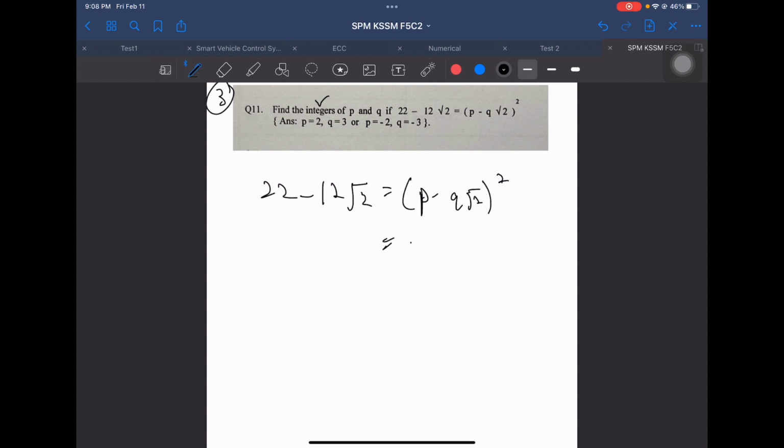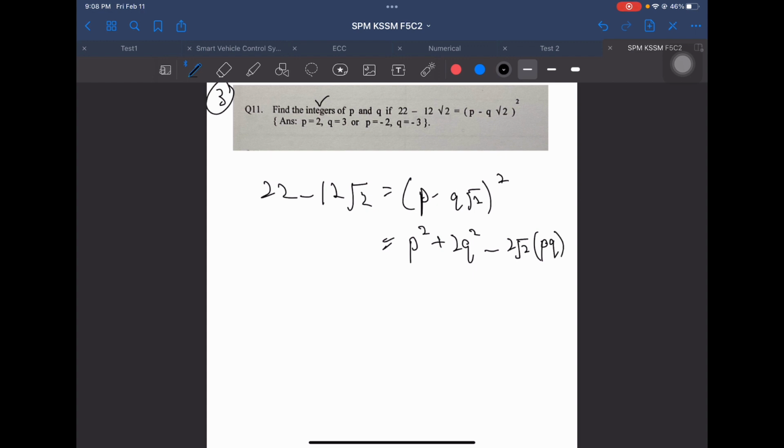Get p squared plus 2q squared minus 2 square root 2 times pq, right?